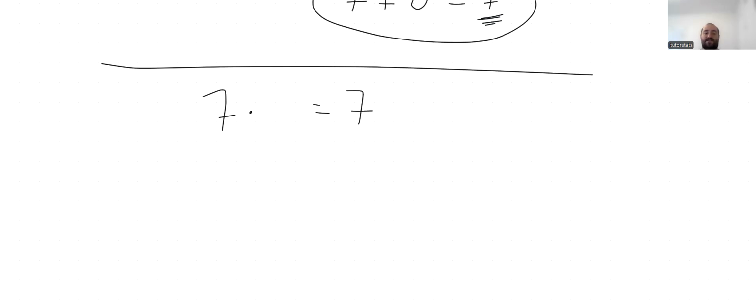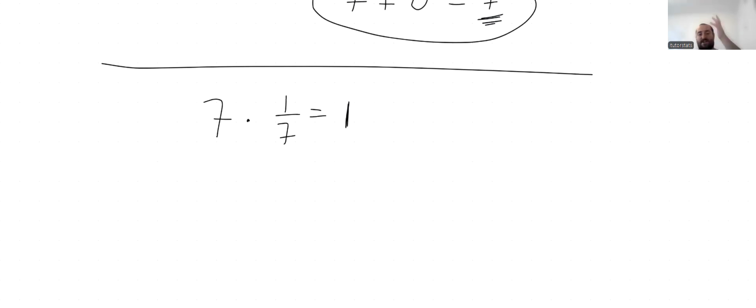So no. First, let's talk about what is the opposite of 7 in a multiplicative sense. In a multiplicative sense, the opposite of 7 is 1/7, because that will give you the multiplicative identity. Does that make sense? The inverse of 7 is 1/7.